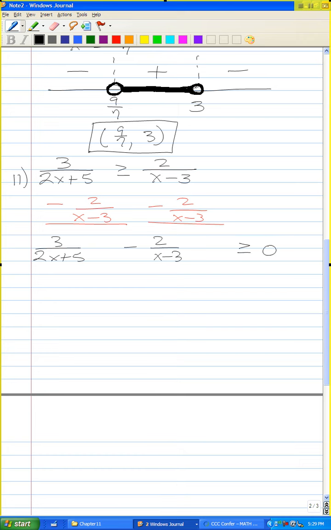So in order to combine these, I need a common denominator. So the least common denominator in this case is 2x plus 5 times x minus 3. So let me multiply and divide by x minus 3. Let me multiply and divide by 2x plus 5.